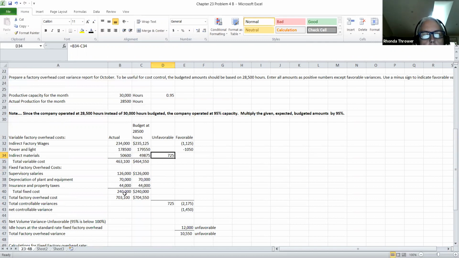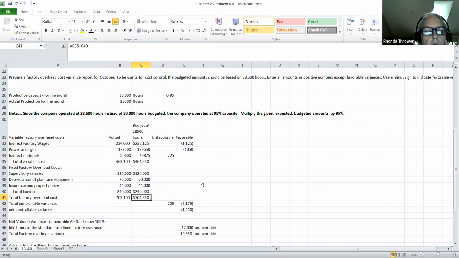The fixed actual overhead cost equals the budgeted overhead cost. When you add these together, they're the same amounts. Then your total factory overhead cost will be your actual variable factory overhead cost plus your actual fixed factory overhead cost, and that'll give you this 703,100.